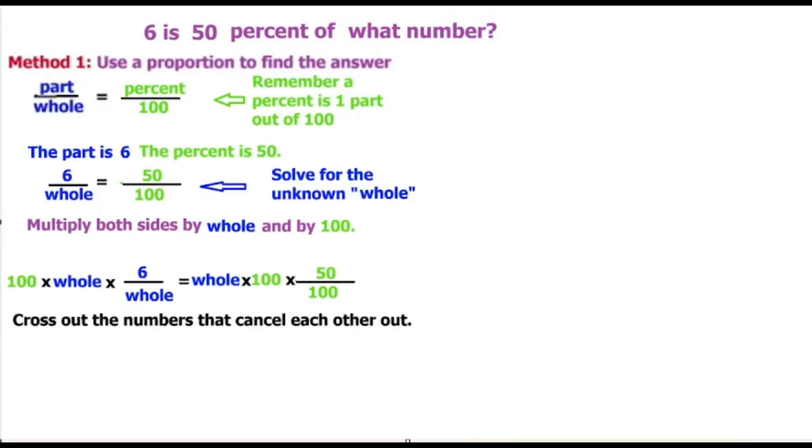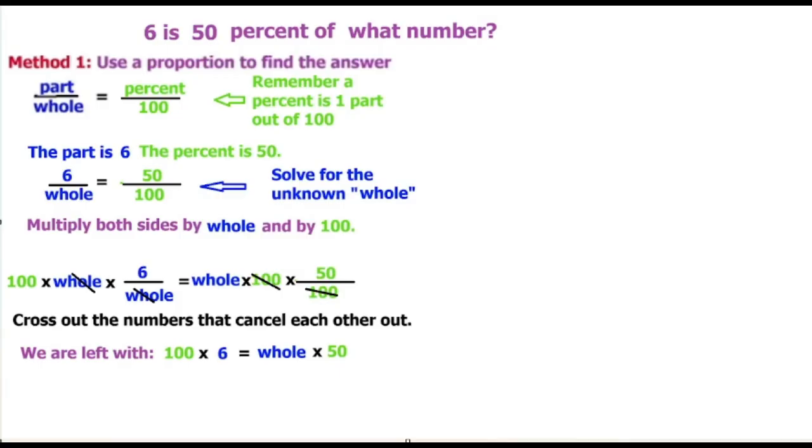Now we can cross out the numbers that cancel each other out. So the numbers that cancel each other out are these, right? When one is in the numerator and one is in the denominator, we can just cross them out. They cancel each other out. So we're just left with 100 times 6 here equals whole times 50.